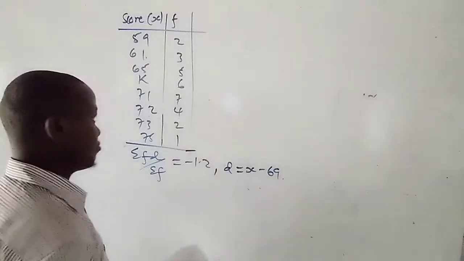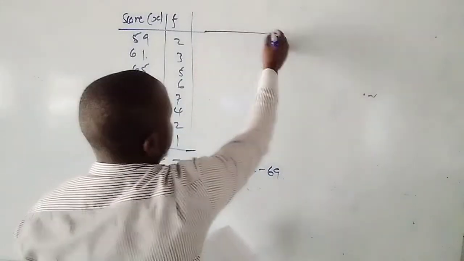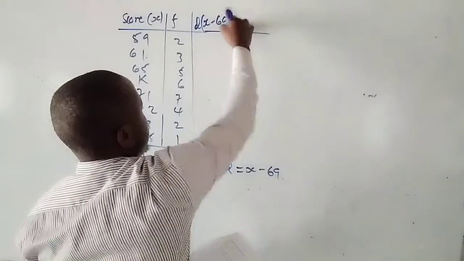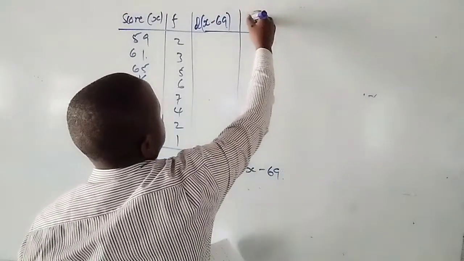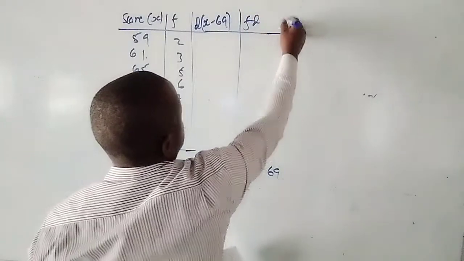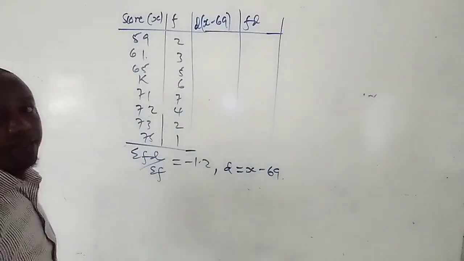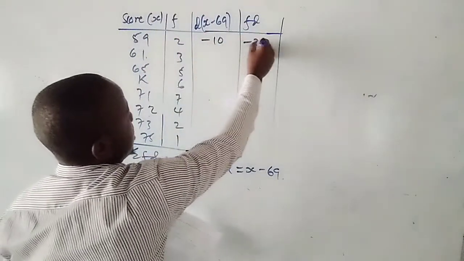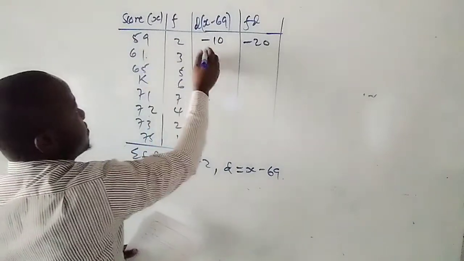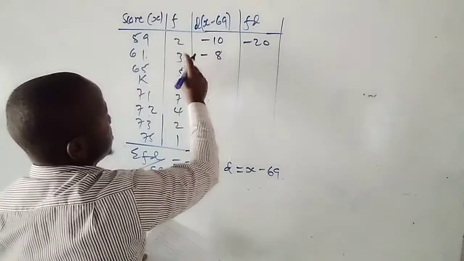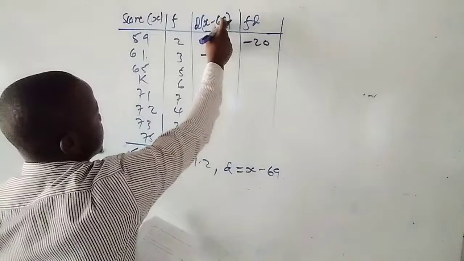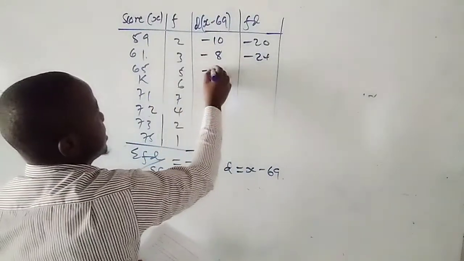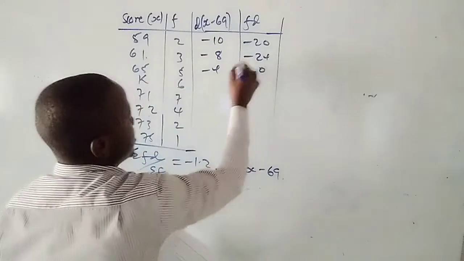Therefore, we can get the column for D now, whereby the score deviates from 69, then we will get FD. 59 minus 69 we get negative 10, by 2 negative 20. 61 minus 69 we get negative 8, by 3 negative 24. 65 minus 69 we get negative 4, by 5 negative 20.